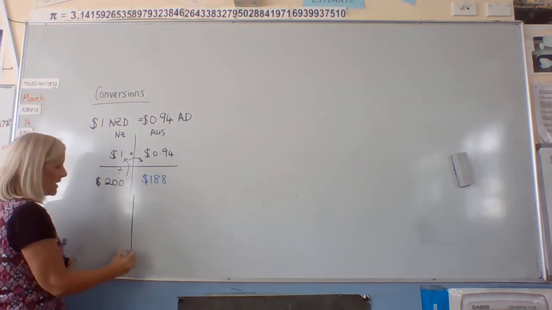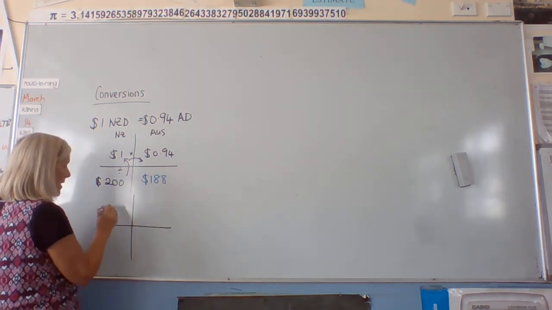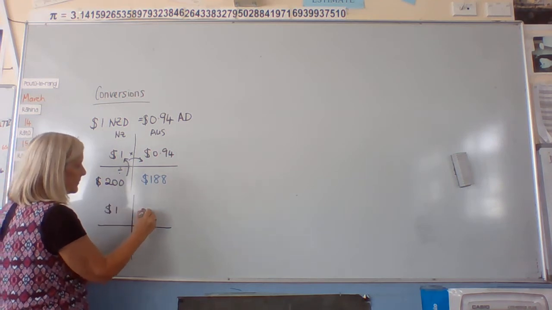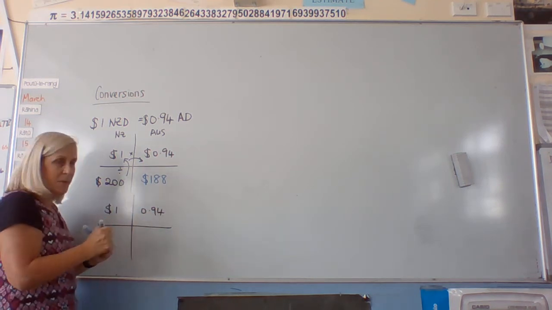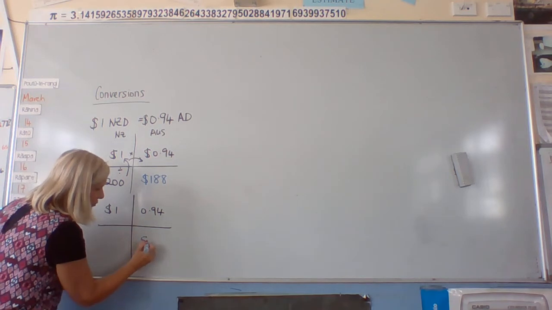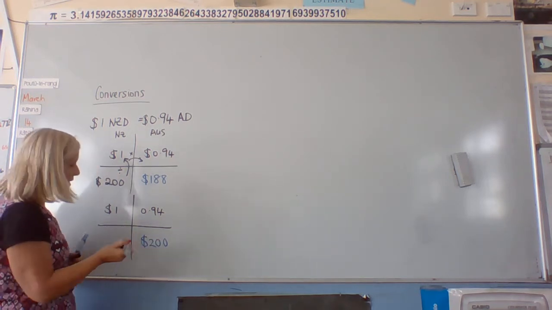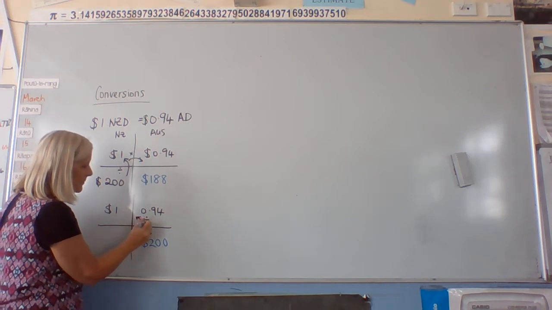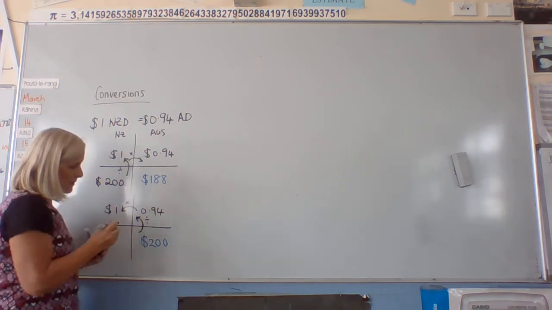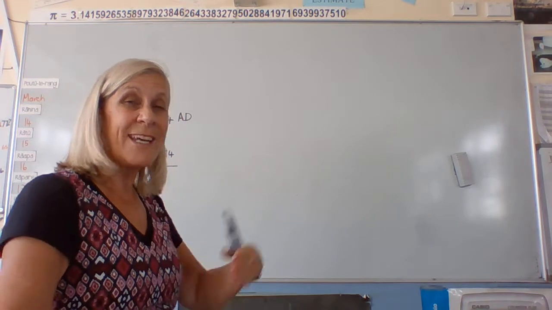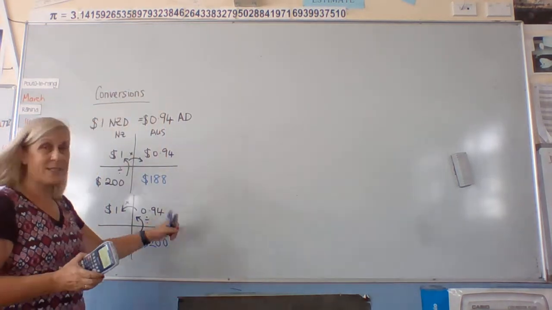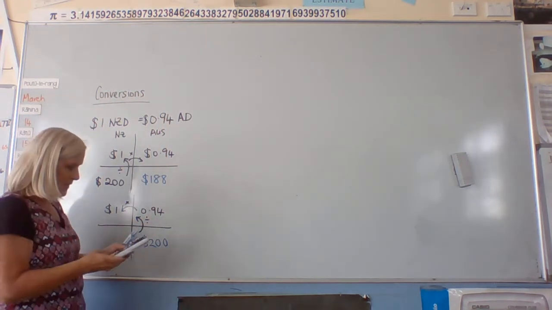Or the other scenario with the same exchange rate is maybe my Auntie Sally is sending me 200 Australian dollars and it needs to be exchanged into New Zealand dollars. So I divide this one and I multiply this one. In this case, I've got $1 equaling, but it could have been $2 equaling. So we still have to follow the same plan.